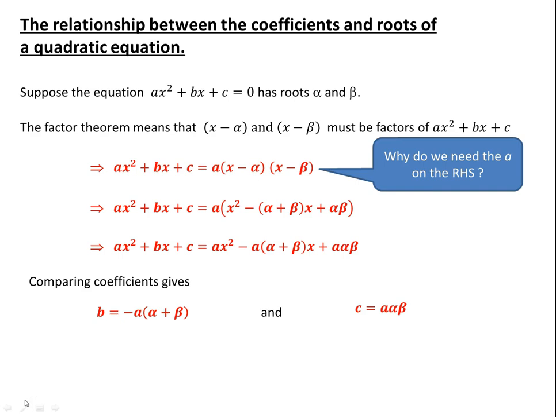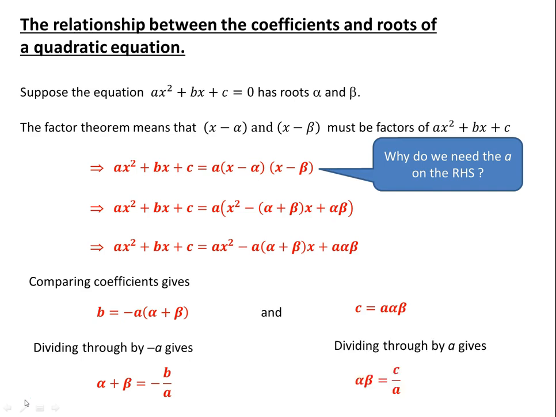Dividing the first of these equations by minus a gives me minus b over a equals alpha plus beta. And dividing the second of these results through by a gives me alpha times beta equals c over a.